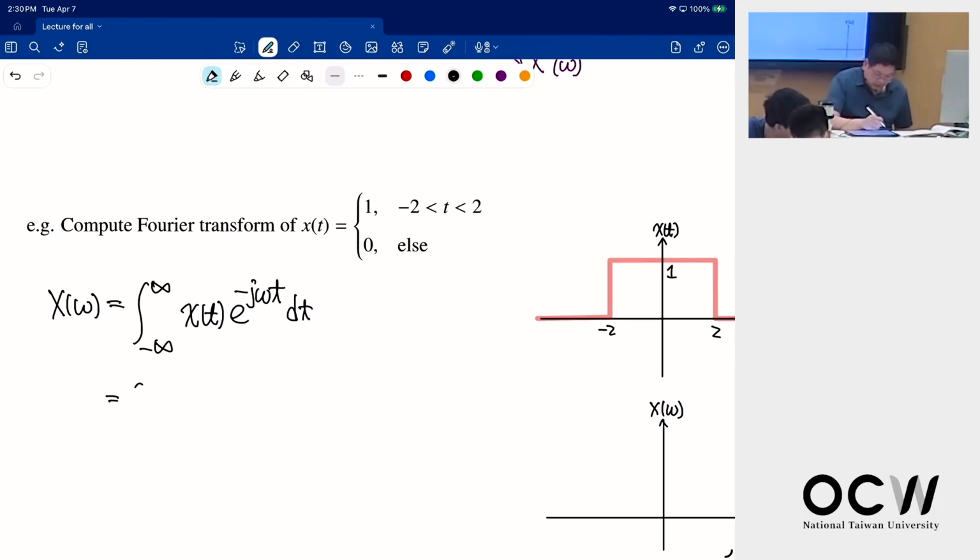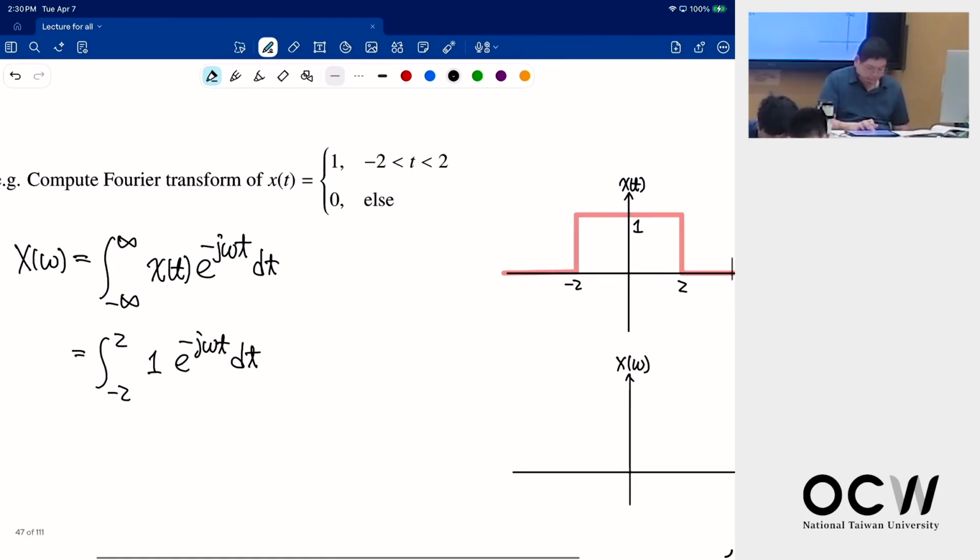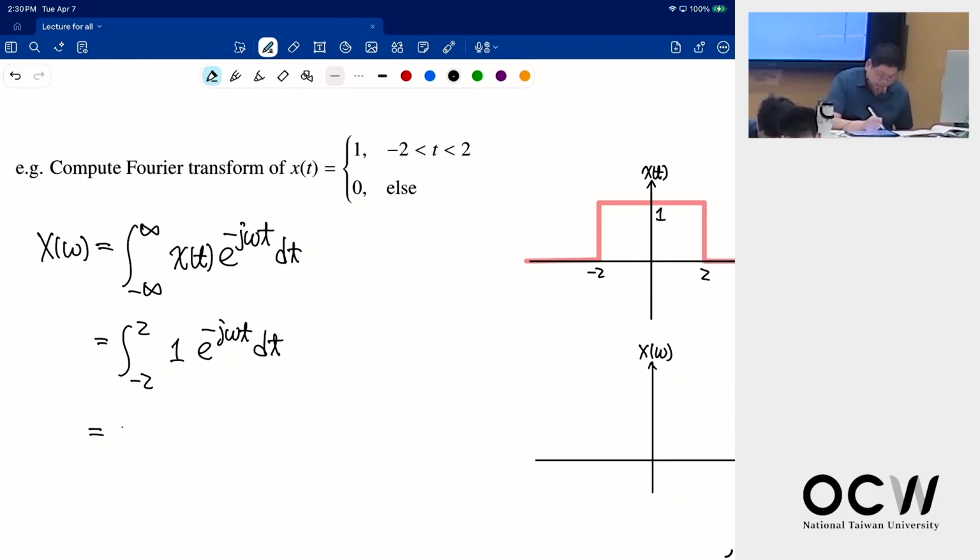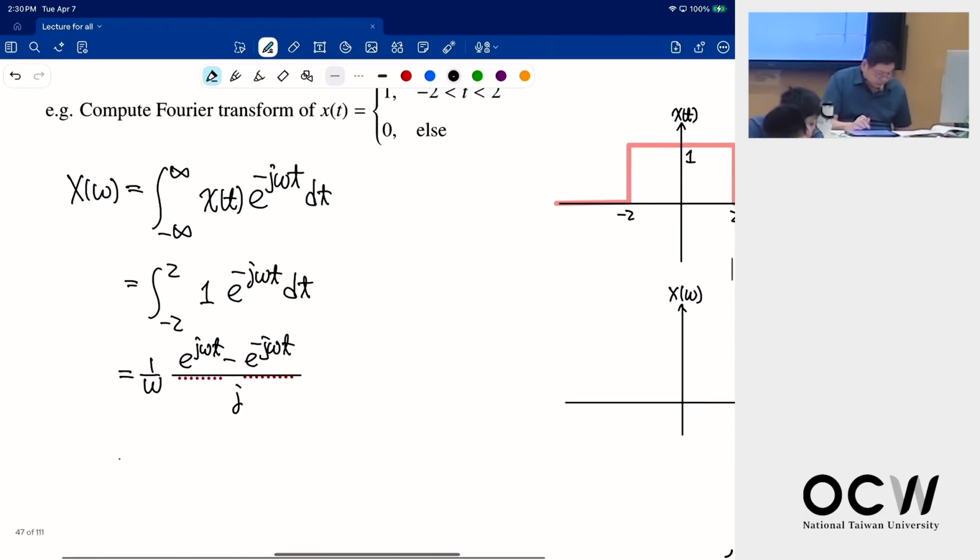I only have values between minus 2 and 2, so here it's 1 times e to the minus j omega t dt. So we have 1 over omega, times e to the j omega t minus e to the minus j omega t, divided by j. Then this is 2 times sine 2 omega divided by omega.